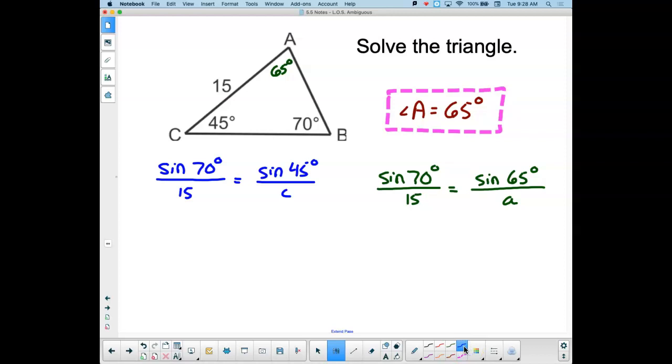What do we got here? So side C is 15 sine of 45 divided by the sine of 70. So I get side C is 11.287.